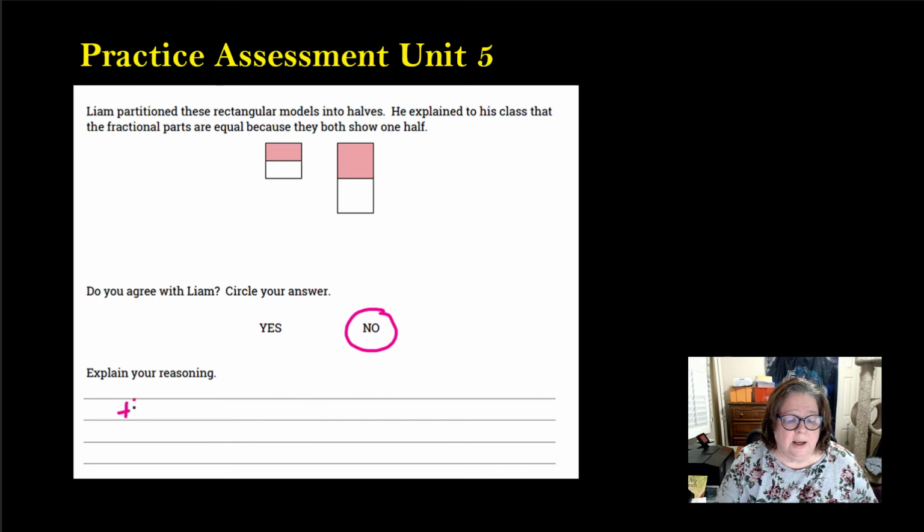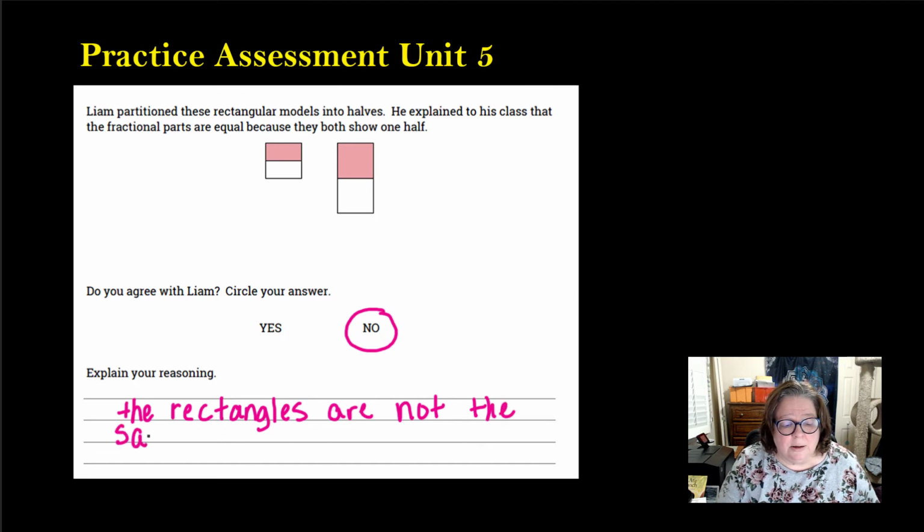So I would say the rectangles are not the same size.